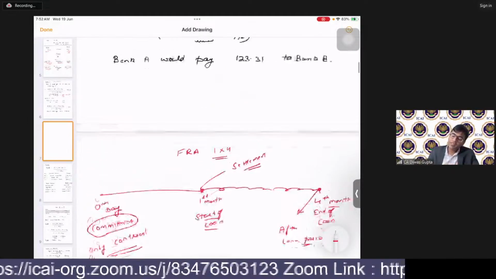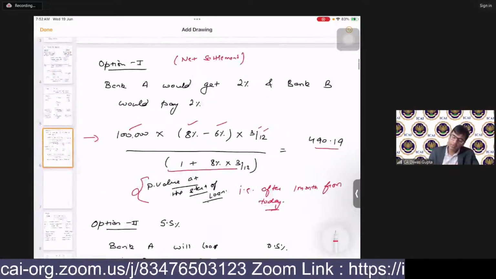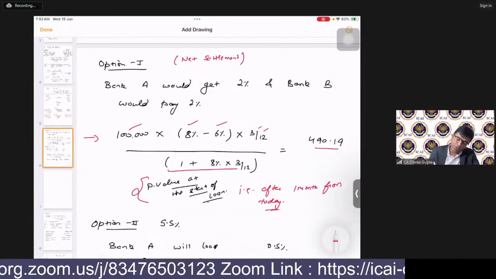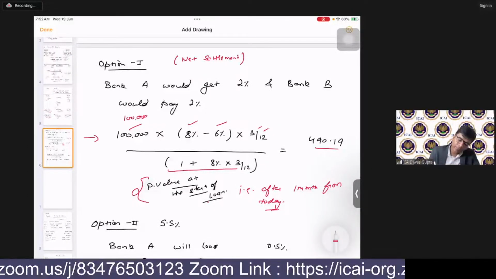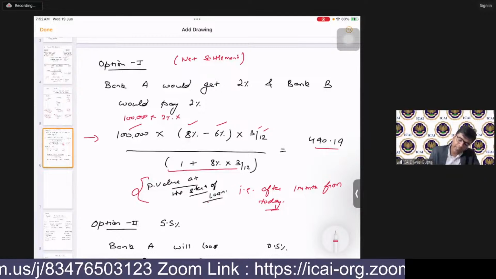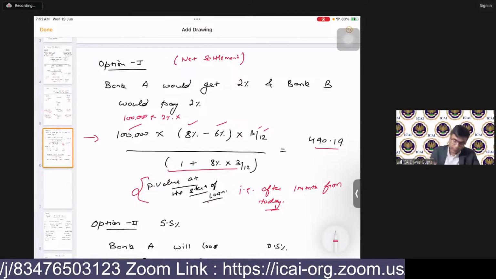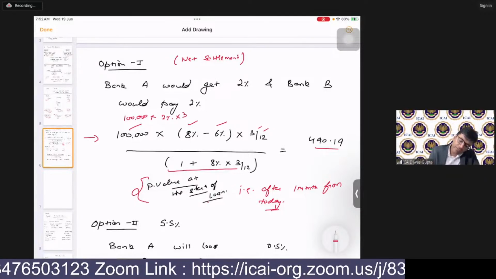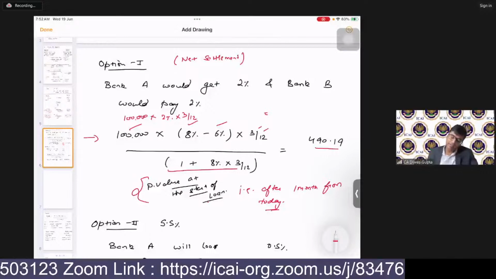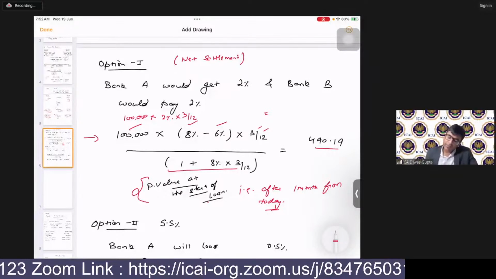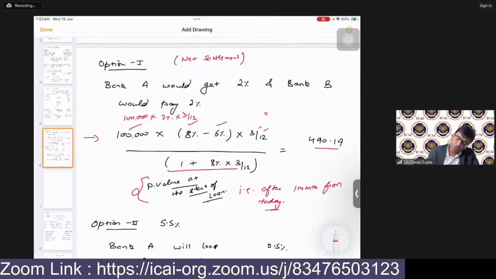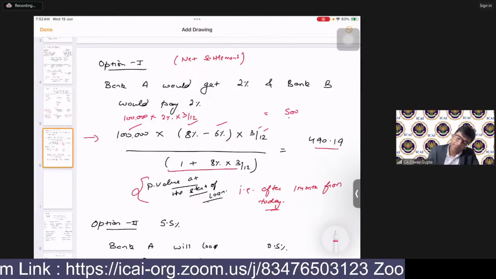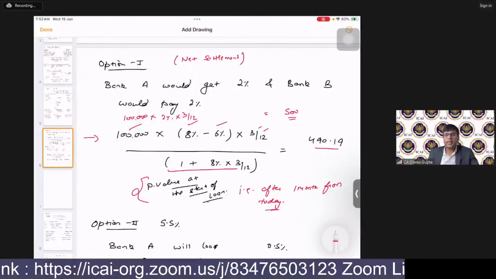Now, if you see 2%, so 1 lakh into 2% into 3/12 will give us 2000 by 4, around 500 rupees, right? Correct.